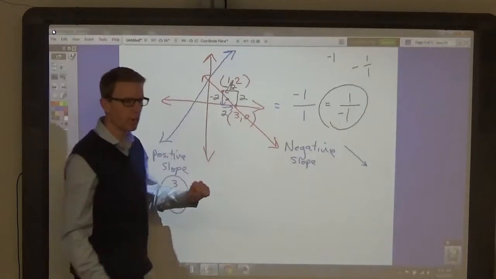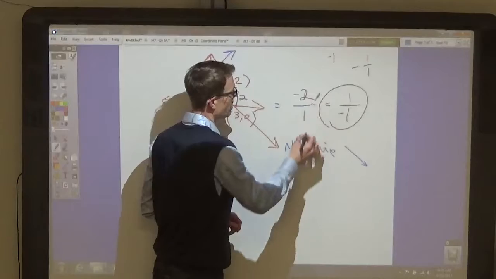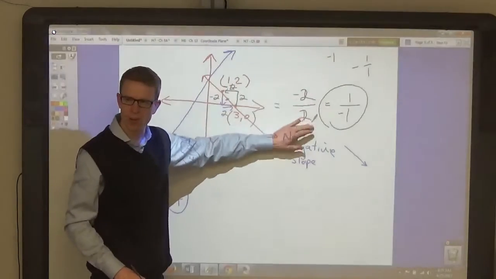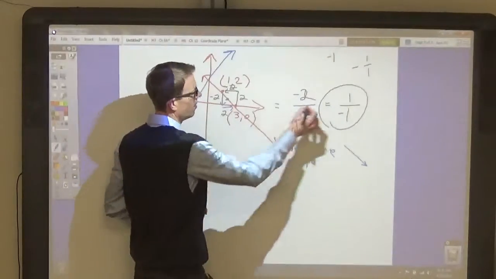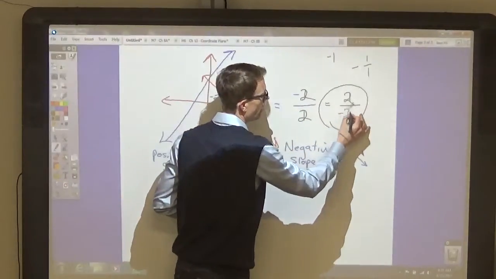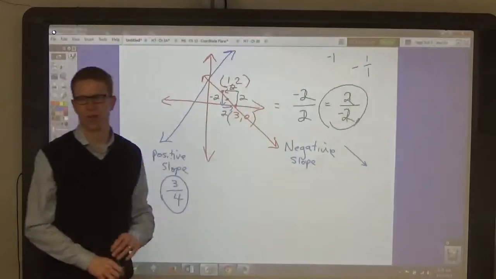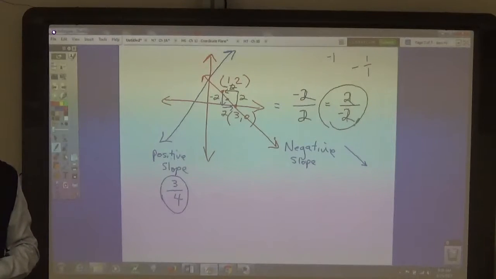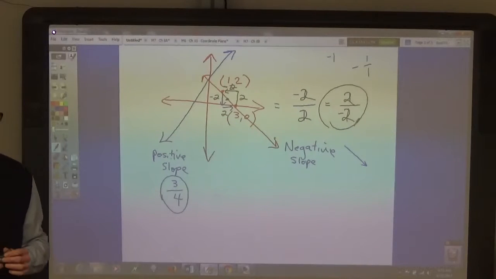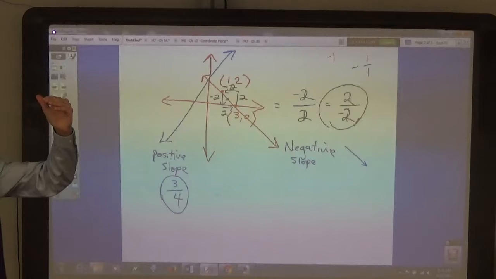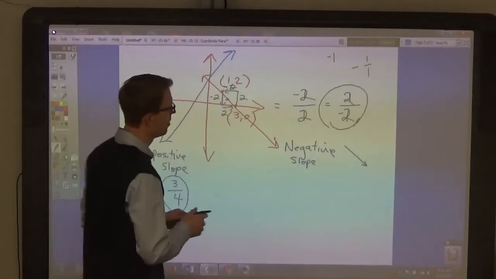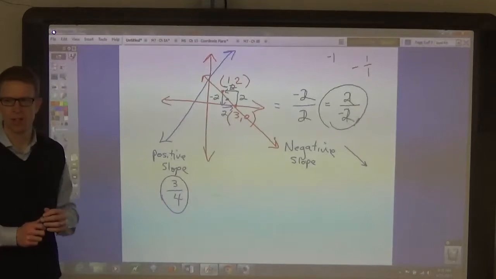So when you're starting with it as negative 2 over 2, which reduces to negative 1 over 1, or 2 over negative 2, which reduces to negative 1 over 1. Does that make sense? If it's 2 over negative 2 or negative 2 over 2, it's a slope of negative 1 over 1. Okay?